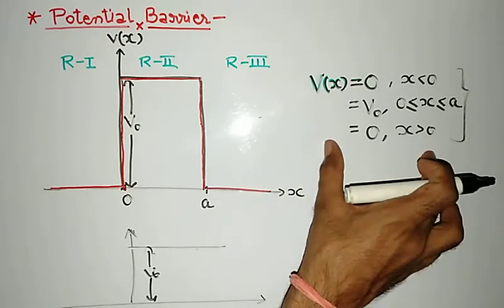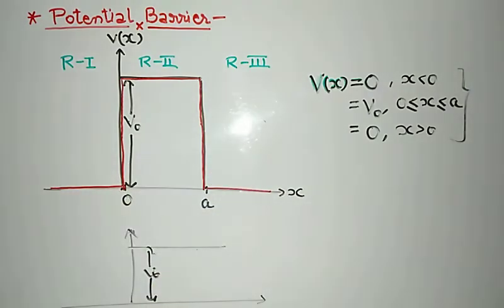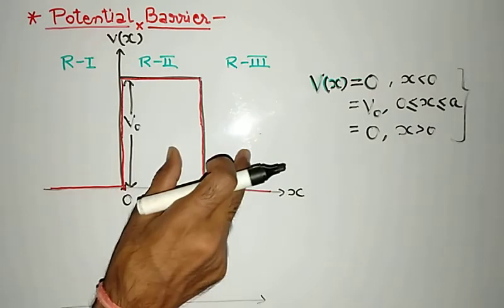This is what shows the potential barrier, whereas in potential step there are two regions, in potential barrier three regions.